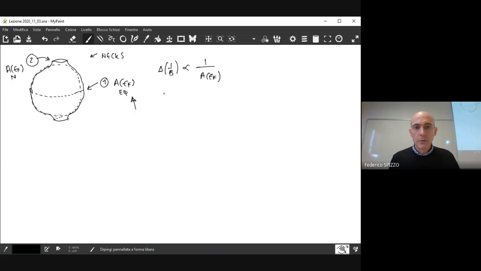This contribution 1 gives you a short scale periodicity. 2 gives you a long scale periodicity, where in this case the scale is over 1/B.